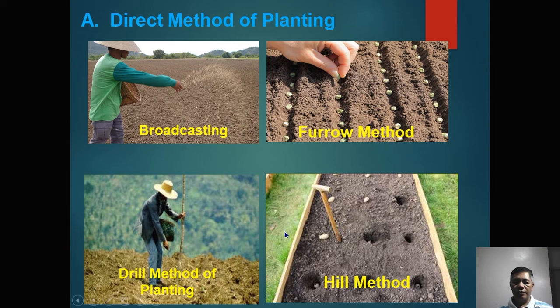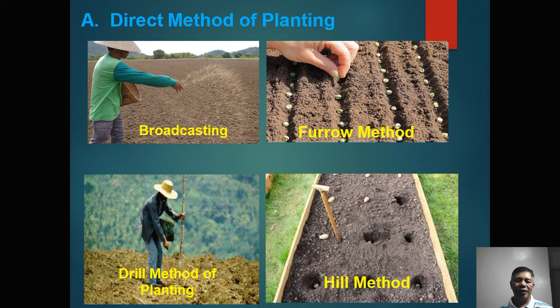Okay, let's proceed to the last, although there are other methods of direct planting, which is the hill method. This is commonly used in gardens, small gardens, or small areas.